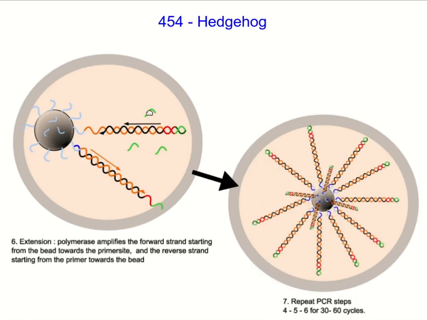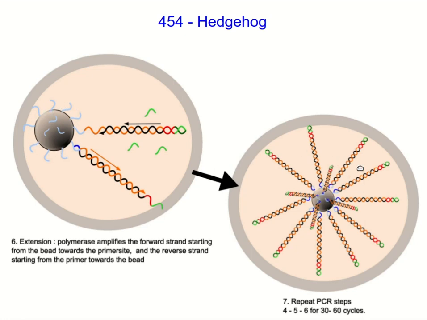Since we have these green primers as well, we also make copies of the complementary strand, so that what we in essence have here is an exponential amplification. Really the exact same situation as if this was PCR. The only difference is that the reverse primer or the forward primer is attached to this bead.